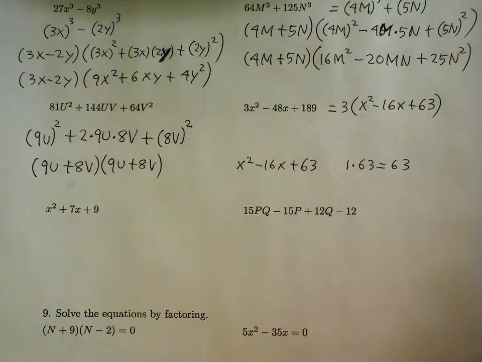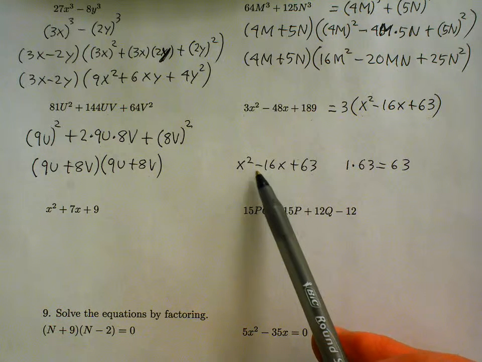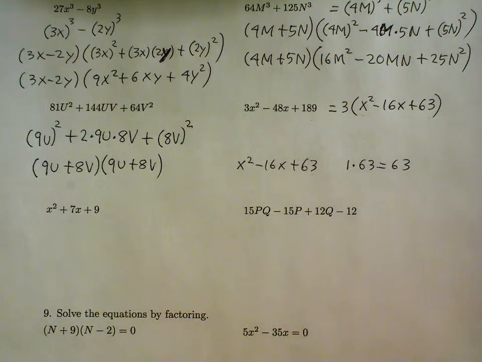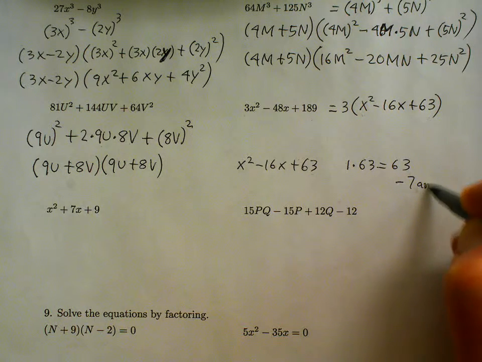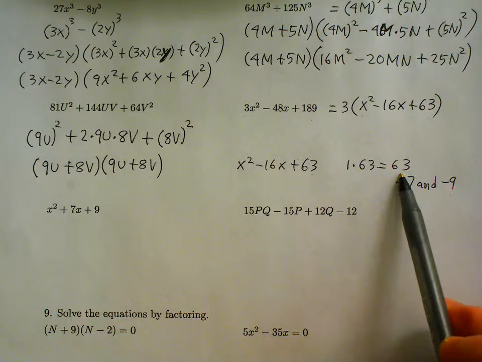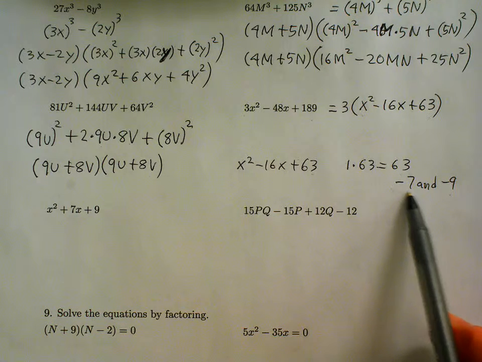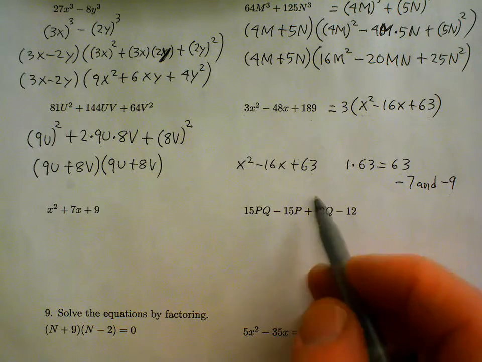Well, both must be negative if the product is positive and the sum is negative. So it looks like negative 7 and negative 9. Negative 7 times negative 9 is positive 63. And when you add them, you get negative 16. So we can factor further.